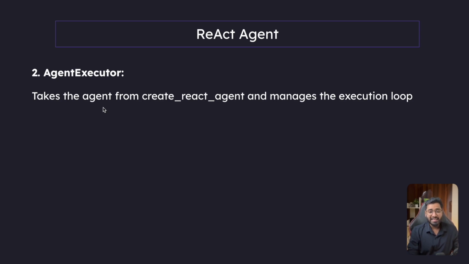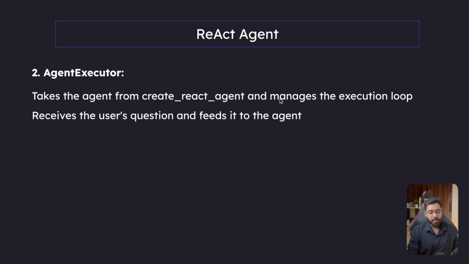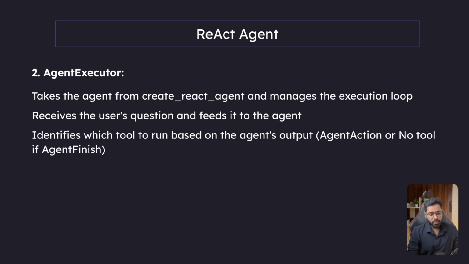So it basically takes the agent that is created from the create react agent method and manages the execution loop. It receives the user's question and feeds it to the agent. And then it identifies which tool to run based on the agent's output, agent action, or if no tool is required, then agent finish.